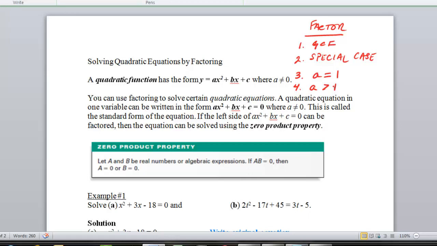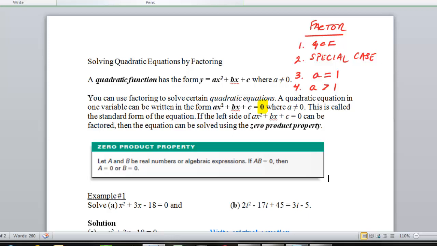Any one of these types of factoring methods can be applied to solving the quadratic equation through factoring, assuming that it can be factored. So the quadratic written in standard form equaling 0 is how we're going to solve the quadratic equation.